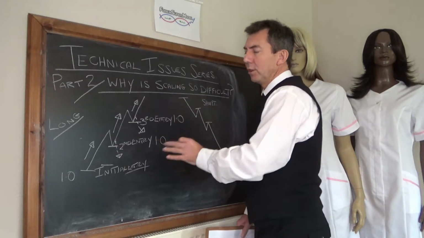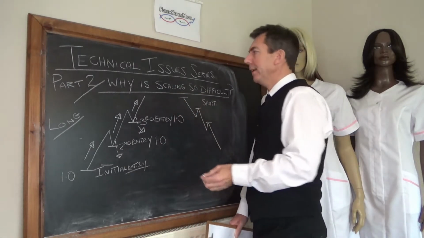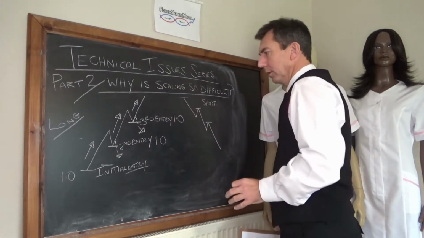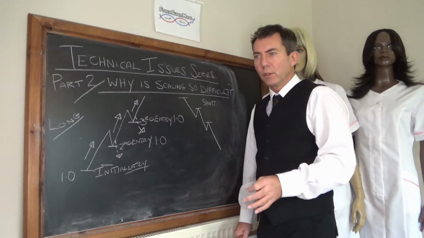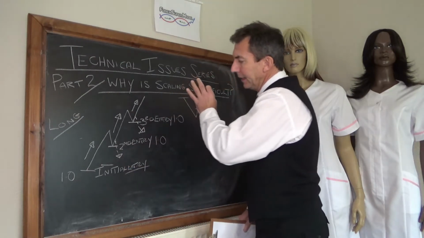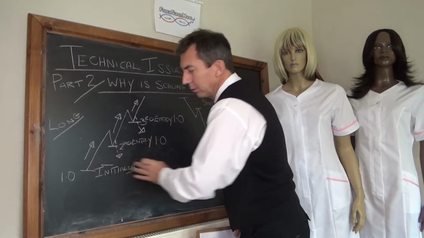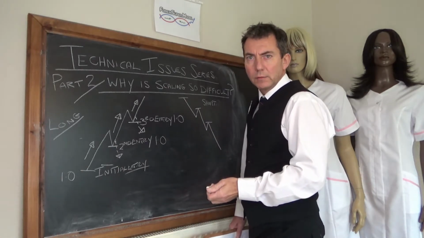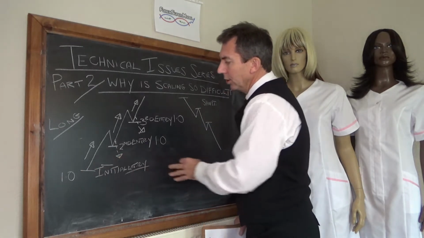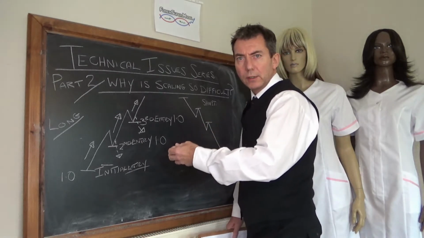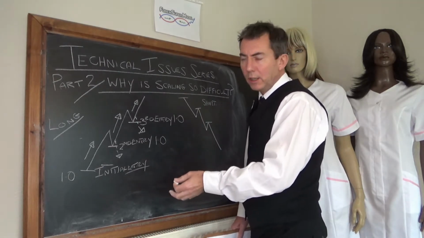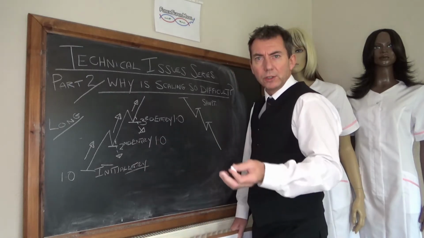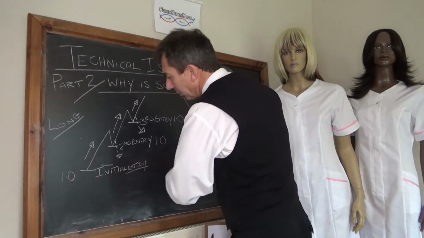So this is the reality of scaling in a default style manner. And this is one of the reasons why it's so difficult. There are numerous reasons. Obviously, your initial entry was based on presumably some sort of sound analysis that you used, or it filled a criteria, a pattern, or your indicators were flashing green or whatever, and that was fine.